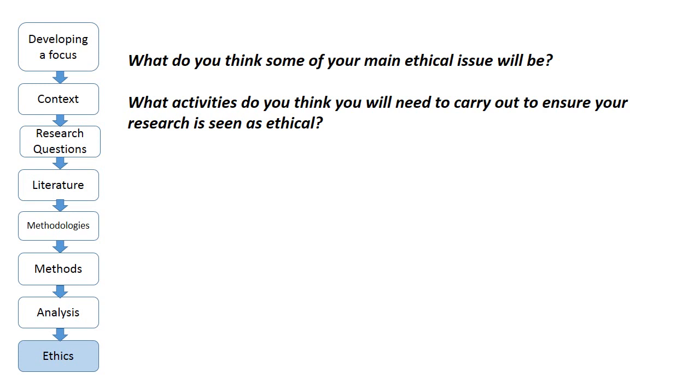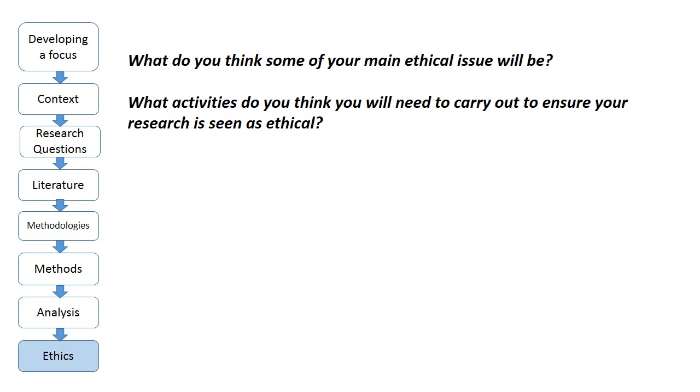What you need to do is to start thinking from very early on, when you're creating your research questions, when you're looking through the literature, what are some of the potential ethical issues with my research, and how will I ensure that my research is actually an ethical piece of research as I move through the research process.